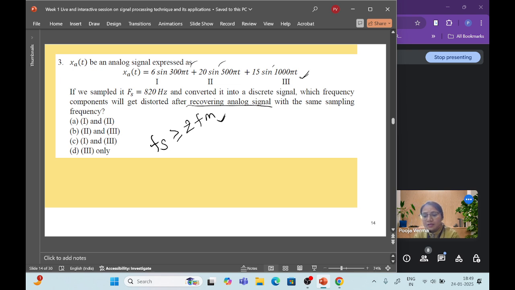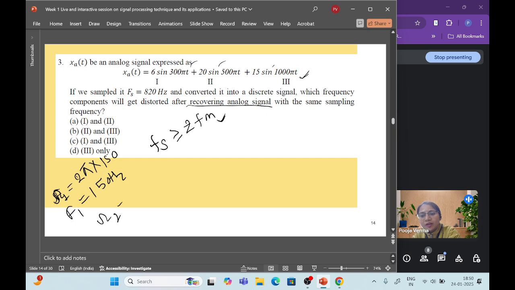So what will be F1, the first frequency component? Here it is 300 pi t, so this is omega 1, 2 pi into 150, so F1 will be 150 hertz.